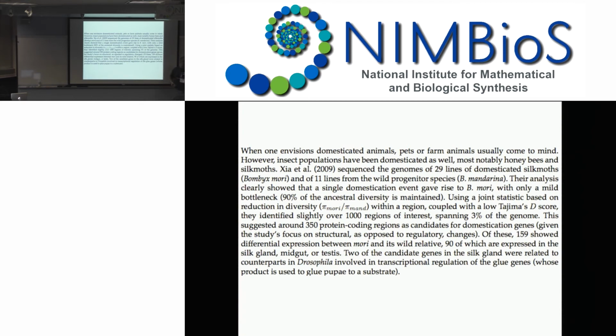So remember, when you have domestication, you can have conscious selection for increased silk production. But you also have unconscious selection to being grown in laboratory conditions, crowding, handling, etc. So you get evolution not only of target genes, but evolution of genes that occur as you're modifying the environment as well. And maybe the last thing to leave you with is we think of domestication as basically entirely human, but it's certainly not.